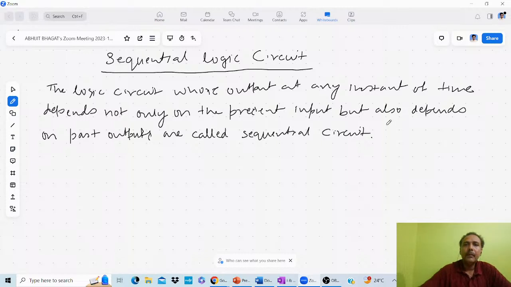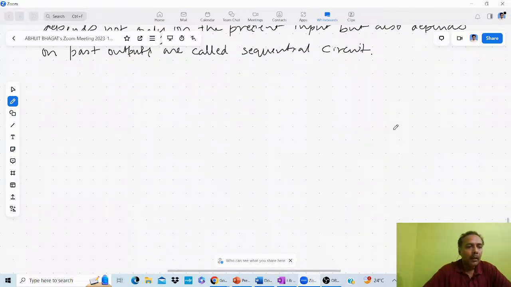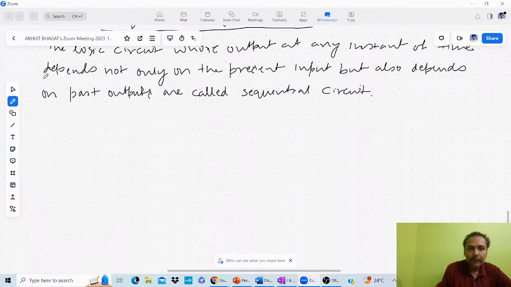Now the next topic is flip flop. First we discuss the flip flop and latches, and I will start with the flip flop. So what is a flip flop?